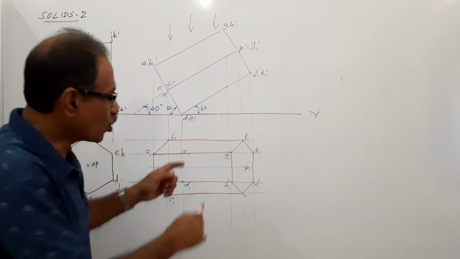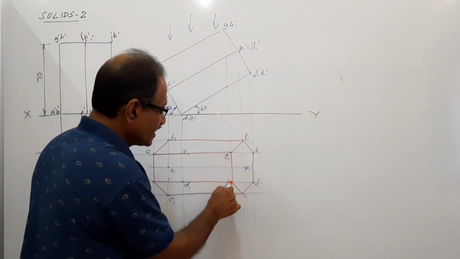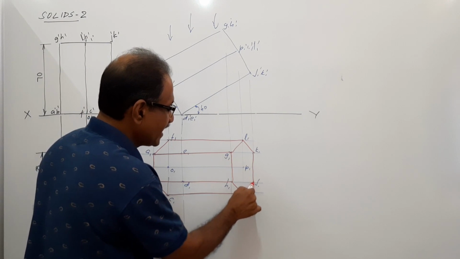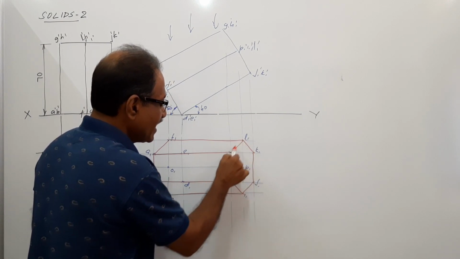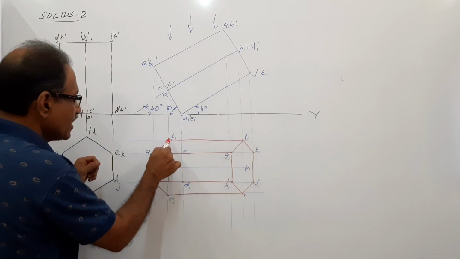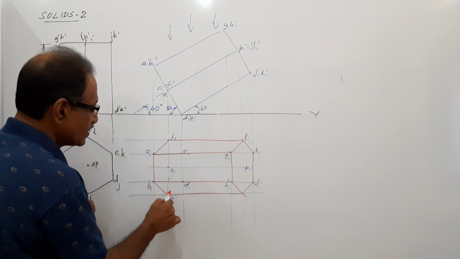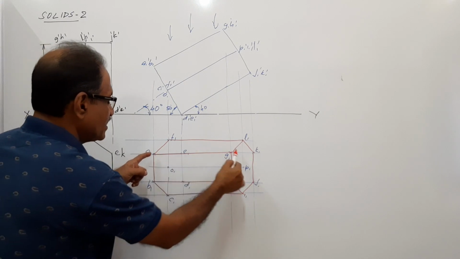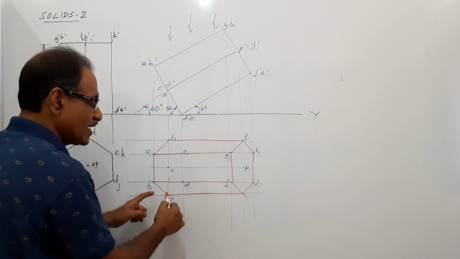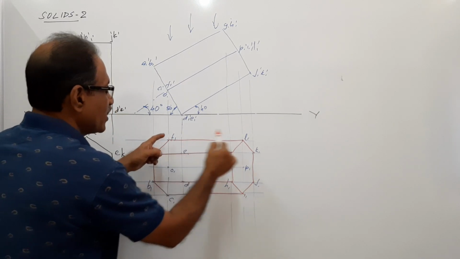I will make all the visible edges dark: GH, HI, IJ, JK, KL, LG. Then FA, AB, BC. Then the longer edges A1G1, B1H1, C1I1, F1L1.